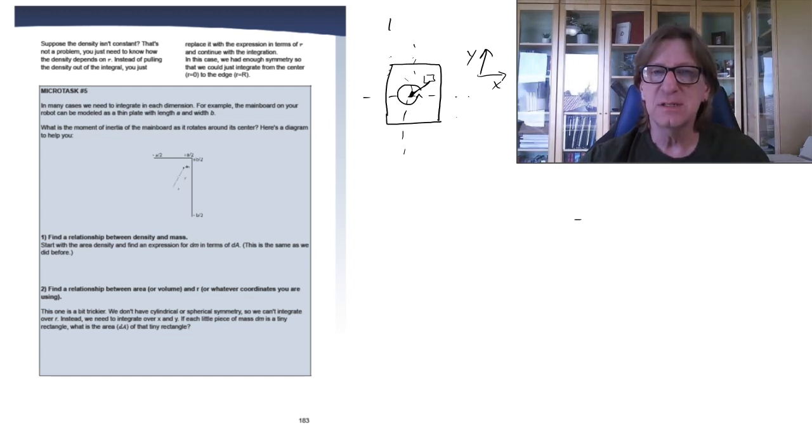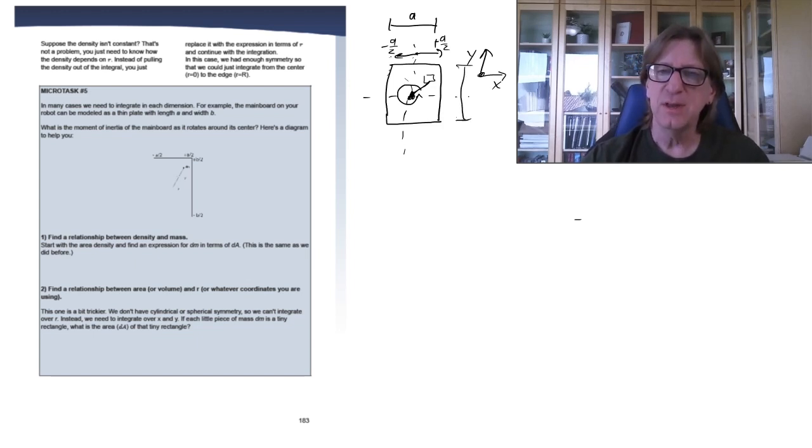So if this whole distance is A, and I'm starting from here, then this is going to be A over 2, and this is going to be negative A over 2. So instead of integrating from 0 to A, I'm just going to integrate from negative A over 2 to positive A over 2. That way I can keep my axis of rotation right on the 0 of my coordinate system. That'll make our jobs a little bit easier.